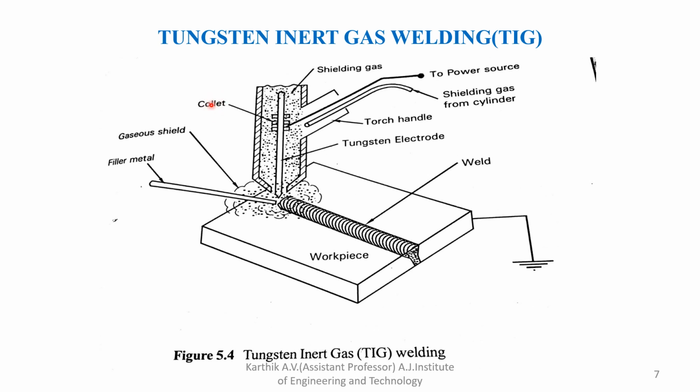This electrode just supplies heat, just produces heat, and has no other function. The positive terminal is connected to the step down transformer and the negative terminal is connected to the workpiece.